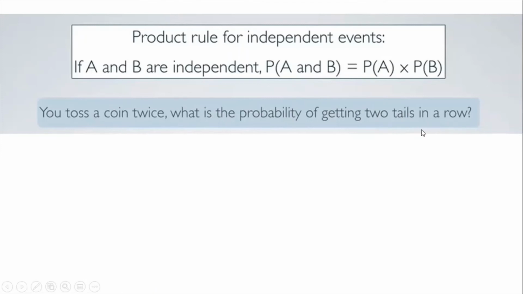The probability of getting a tail on the first toss is half, and the probability of getting a tail on the second toss is also half. Using this formula, we multiply half and half. We get 1/4.